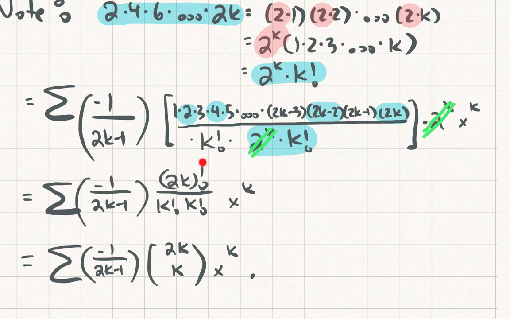So what is this expression? Well, this is 2k choose k. I'm choosing k things and I'm not choosing the rest, which is the other k things. So this expression simplifies very nicely to minus 1 over 2k minus 1 times 2k choose k times x to the k. So that's great.